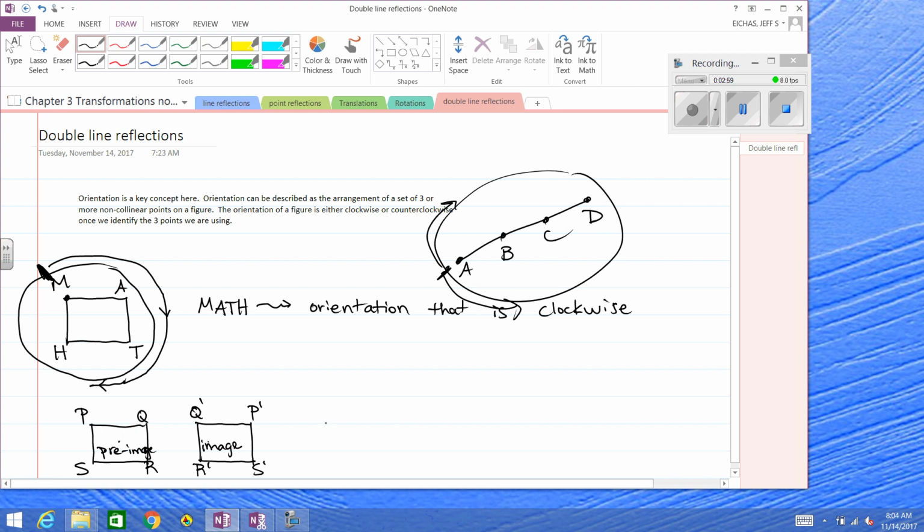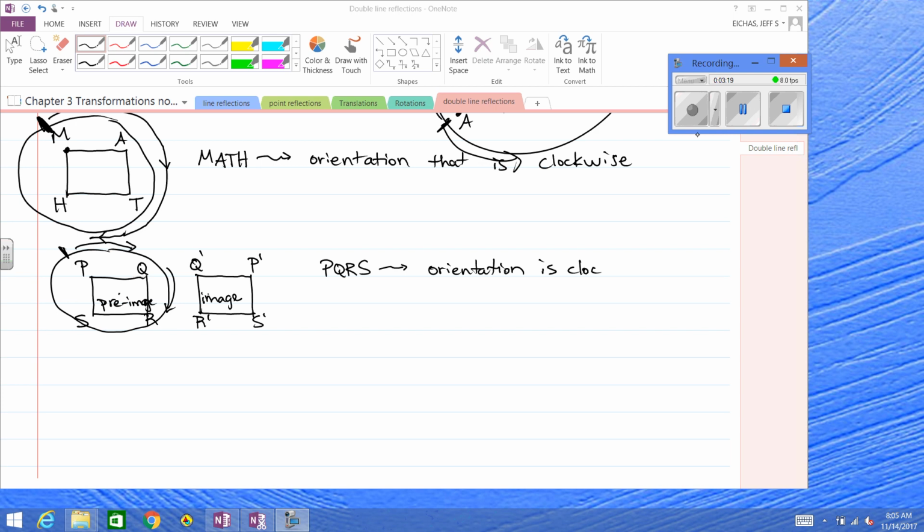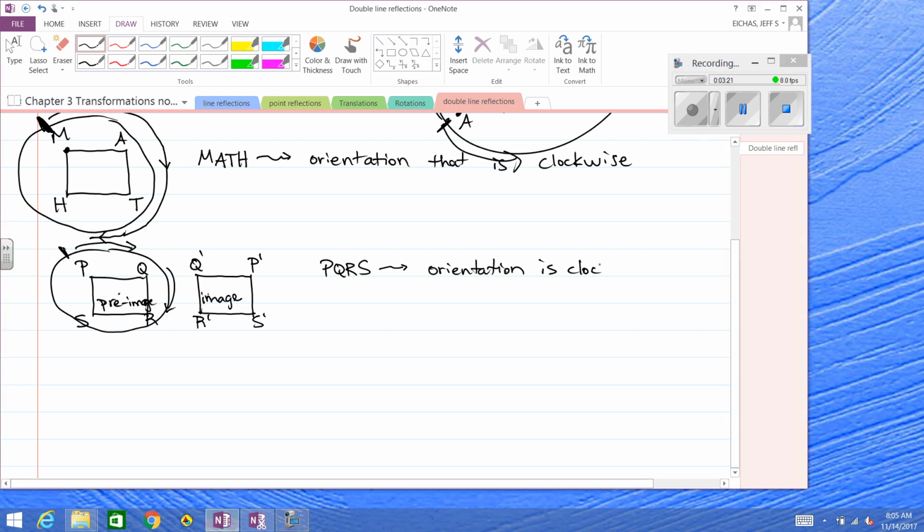The first thing we look for is orientation. So identify the order PQRS, circle it. Start at P, move to Q, move to R. That's clockwise.